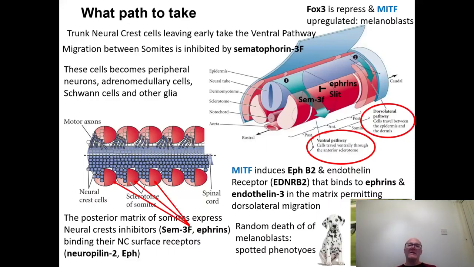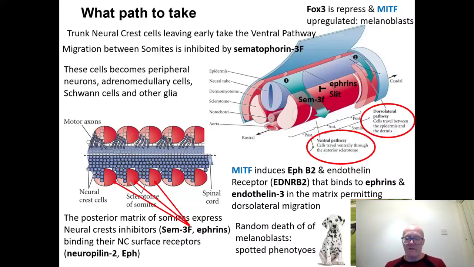Another thing that MITF does is to control apoptosis of the neural crest, or in particular in this case the melanoblast. The melanoblasts are associated with pigmentation, and we have mutations in the animal kingdom, but also in humans, of MITF and other transcription factors, which change how often these melanocytes are killed by apoptosis.